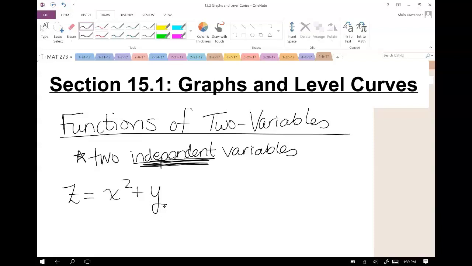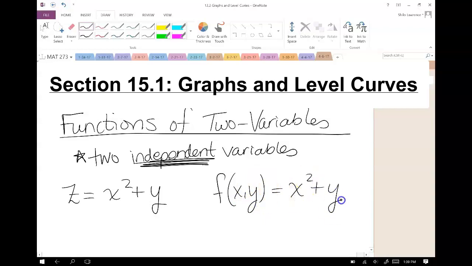So we could write them as z equals something with x's and y's, or f of x, y equals a function of x and y. Back in algebra, when we first learn about functions, we name the function.